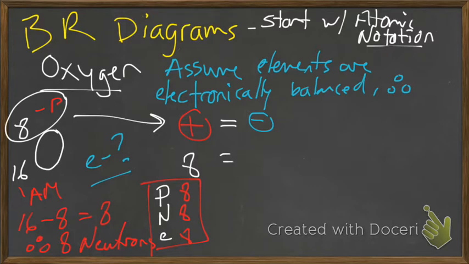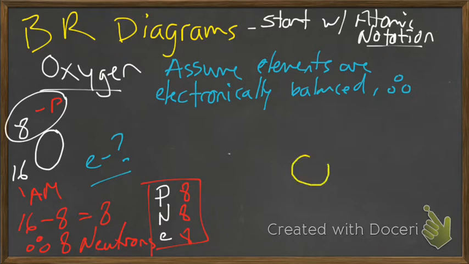I'm going to erase this part here because I need the space. Please forgive me. Okay. In the middle of every atom is our nucleus. And the nucleus consists of protons and neutrons. And we know we have 8 and 8 in oxygen.